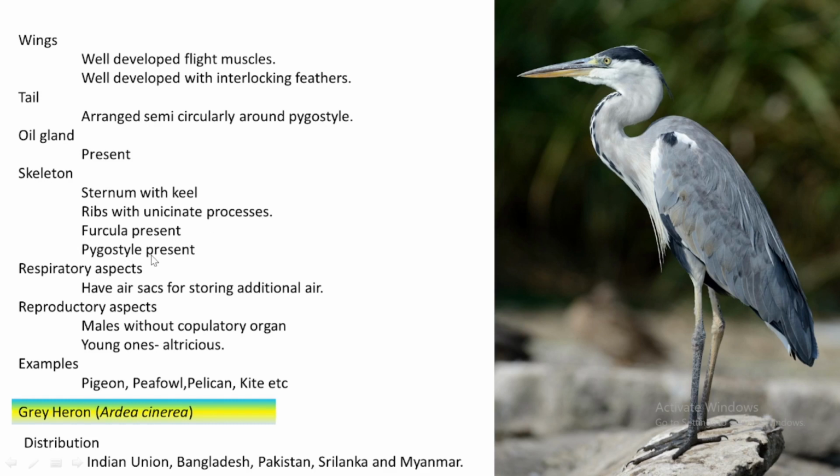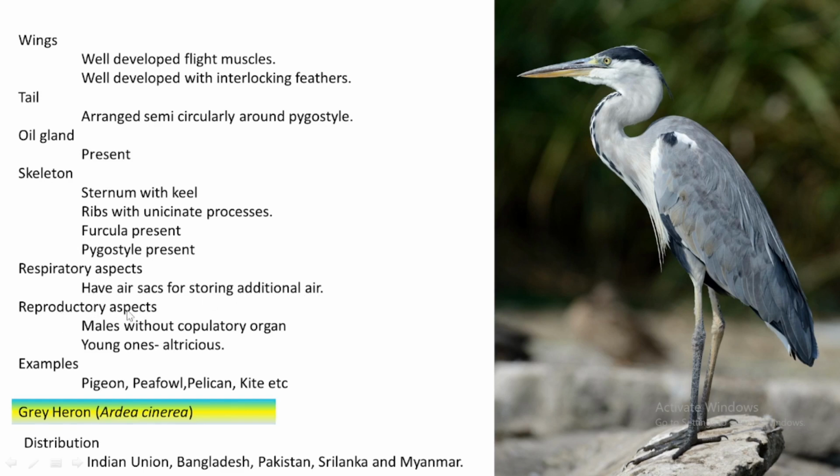Furcula is present, pygostyle is present. All these structures are advantageous for a flying bird. Respiratory aspects: they have air sacs for storing additional air. That is another advantageous factor helping in its flight.